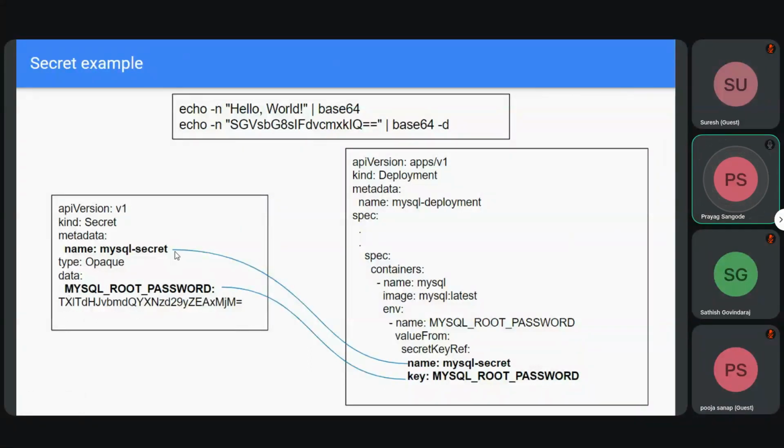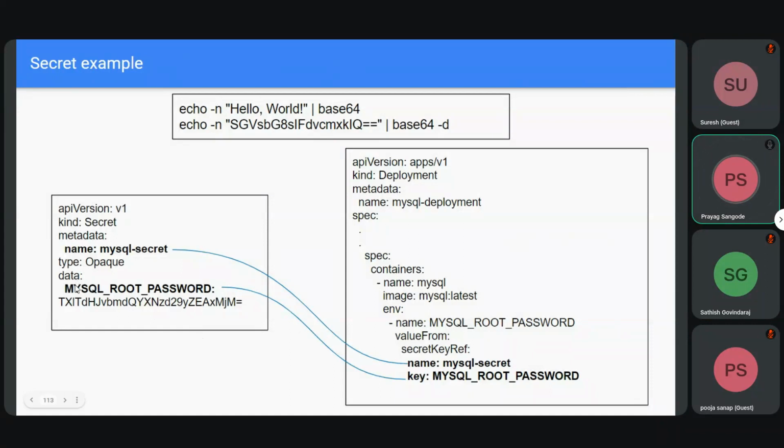Then we'll be creating a MySQL container, and we know that whenever we create a MySQL container, we need to define the MySQL root password, so the admin can log in and do some stuff there. Here also we are not giving the MySQL password in clear text format, but we will take it from a secret which is created as a Kubernetes secret.